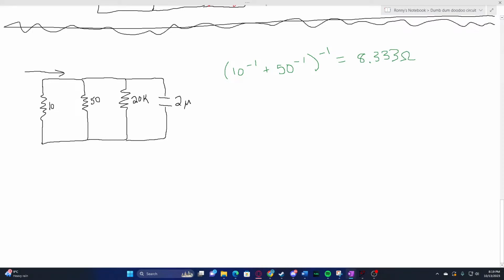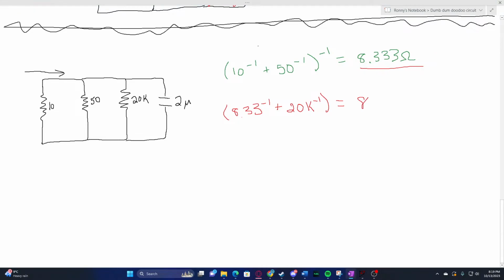It's 8.33 repeating. If you take 8.33 to the negative first plus 20K to the negative first, to the negative first, and we get 8.329.